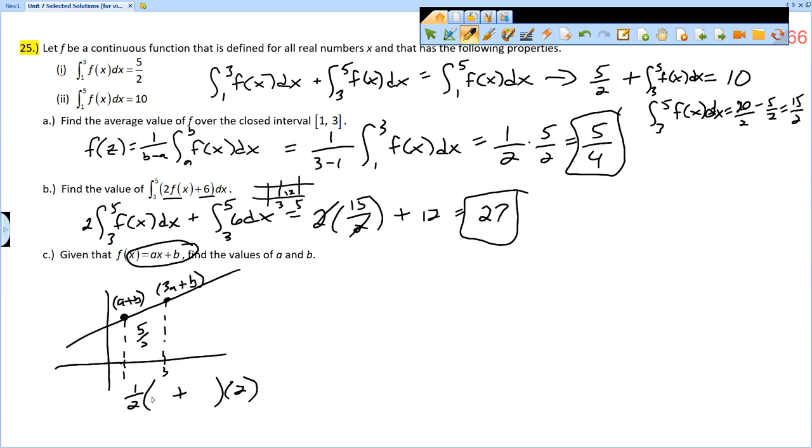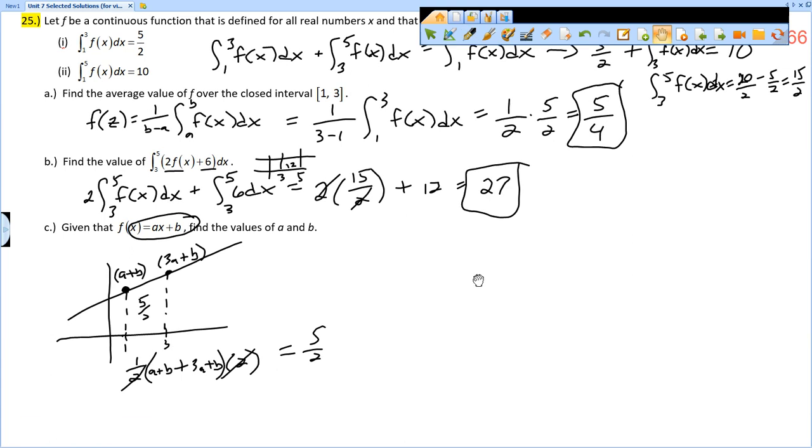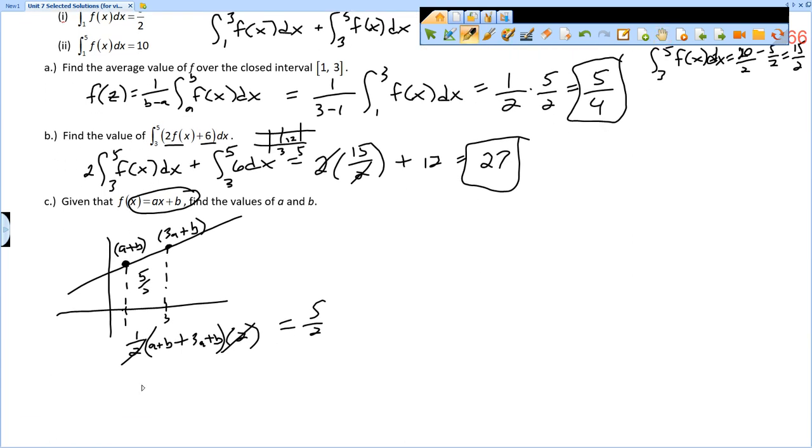So we get that a plus b plus 3a plus b is base 1 plus base 2, and this area is going to equal 5 halves. So we can say that a plus 3a, so 4a plus 2b, is 5 halves. That's one equation. This has two unknowns, so now we're going to need another equation.